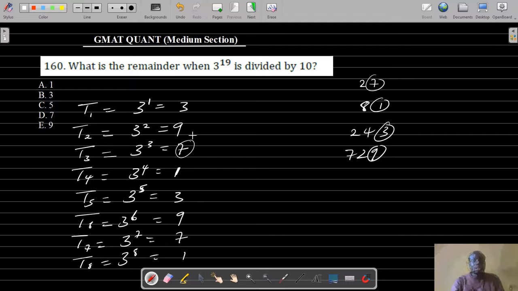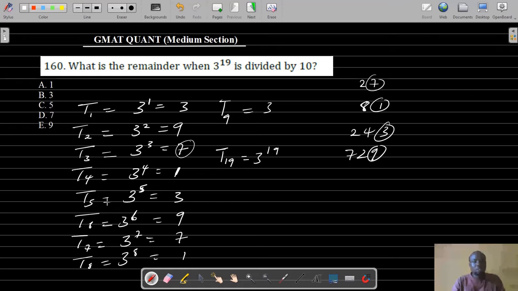So we can use that to simply know that 4 plus T5, that's T9, will be the same value as T5, which is 3. So let's say T19, which is our 3 raised to power 19.